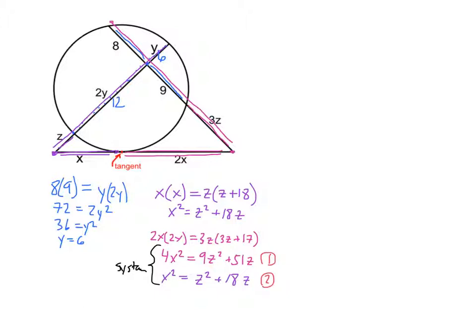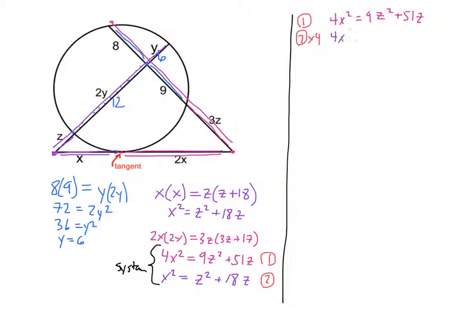I need to get them to line up. I'm actually going to quadruple equation 2. So doing that, I'm going to wind up with 4x squared equals 4z squared plus 18 times 4 is 72, z at the end there.